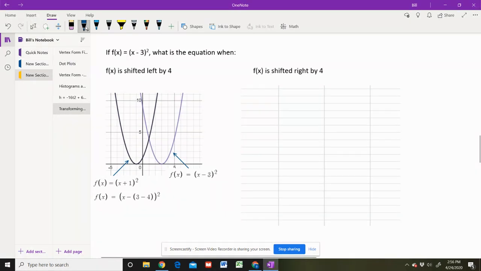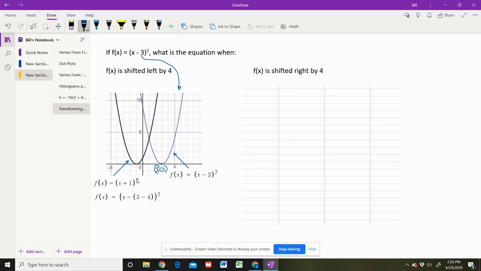So this is the original equation, right? I got it represented here. F of x, x minus 3. Here's my original equation. My vertex is a positive 3, 0. And I want to shift it 4 spots. 1, 2, 3, 4. So it's going to be at negative 1, 0.